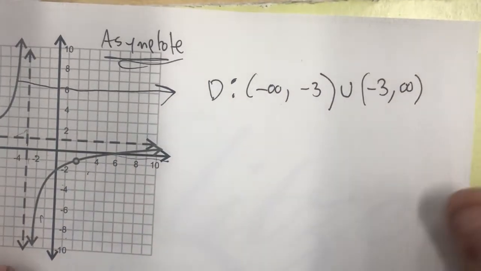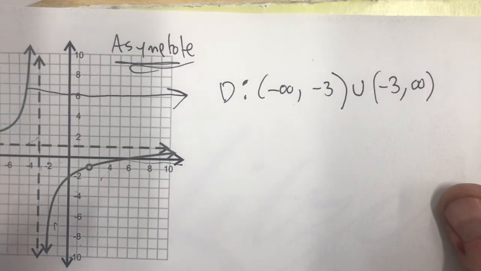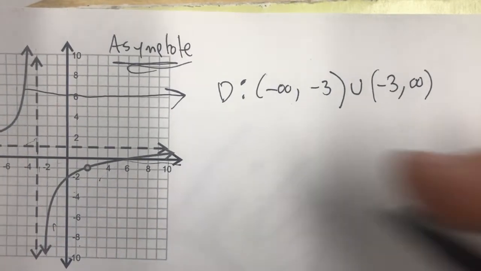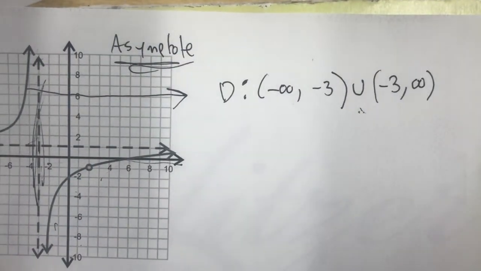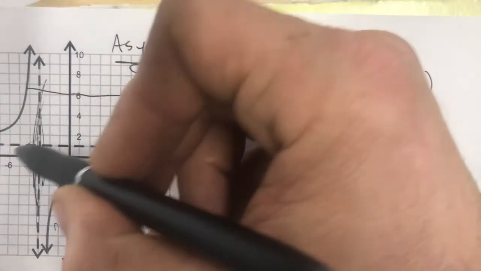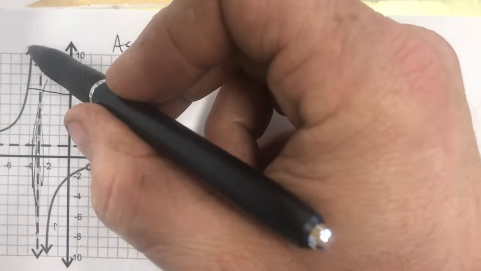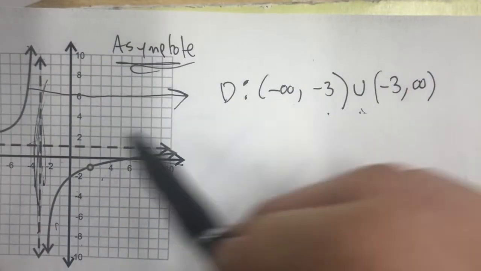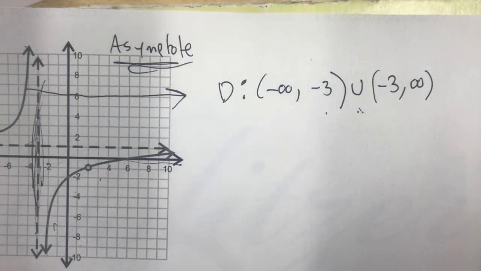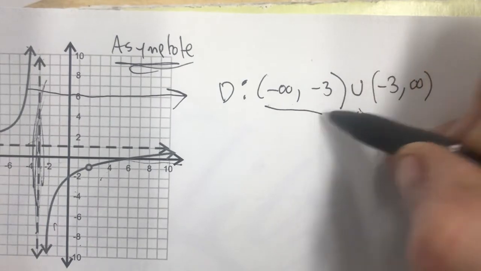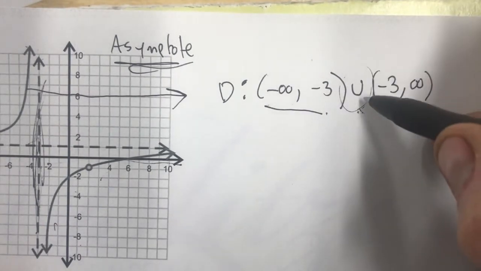That's what your typical domain would look like for a rational function like this, because you have this value right here for x that you can't have, so you got to take it out. See, -3, this asymptote here, it does not touch. It approaches it on this side, and it approaches it on that side, but it does not equal it. So we have to do this. Here's the first part, here's the second part, and we union it together with this little u.